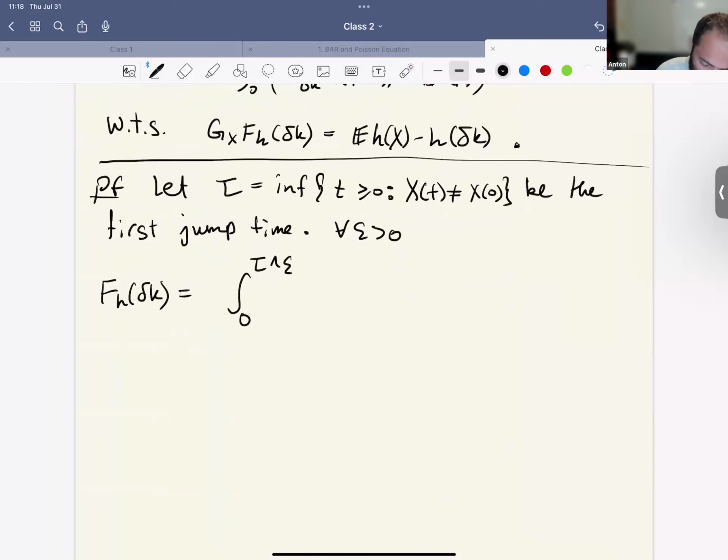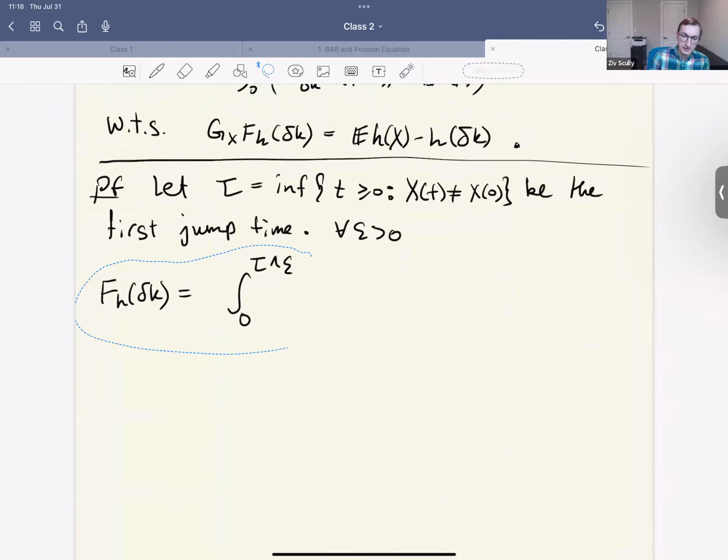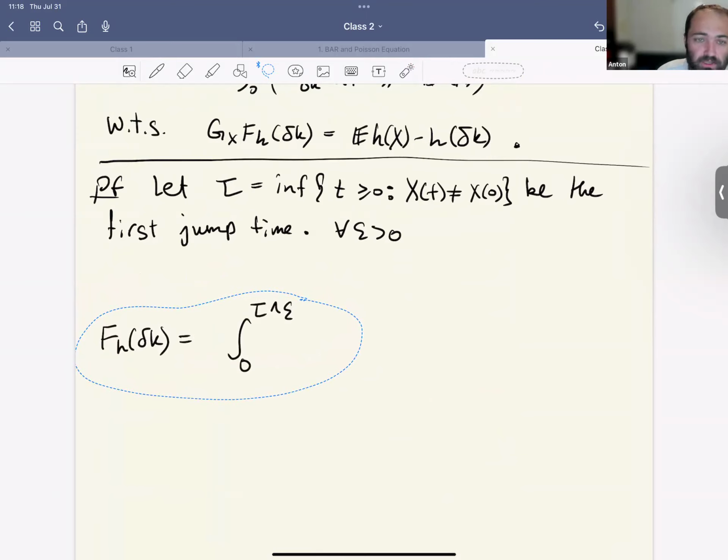Okay, so splitting this. Sorry, there's a follow-up, which is the potential function seems related to the bias function. Yes, the potential function is the bias function.